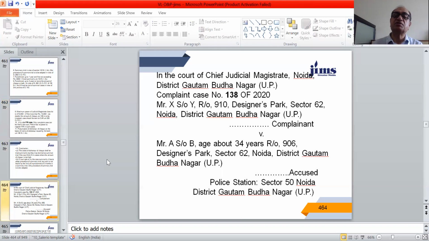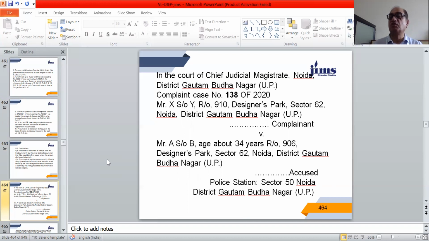The advantage of this court is that there is no fine limit which can be imposed by the Chief Judicial Magistrate. So when you impose a fine at double the amount of the check, there is no problem with the CJM. But for Judicial Magistrate Class 1, since his powers are limited to a fine of 10,000 rupees only, the problem may come.